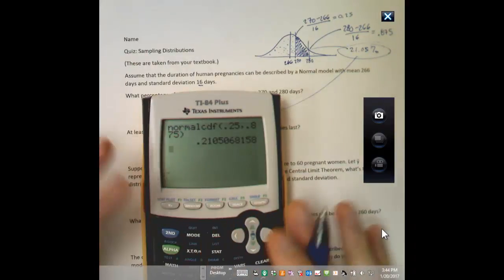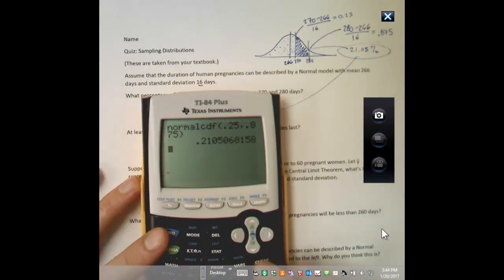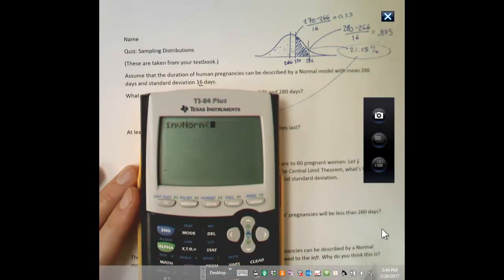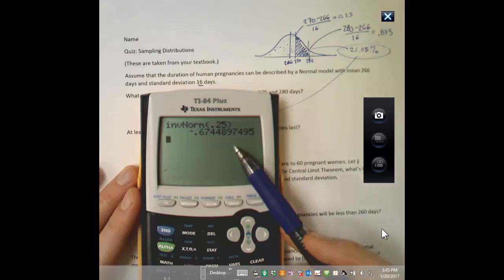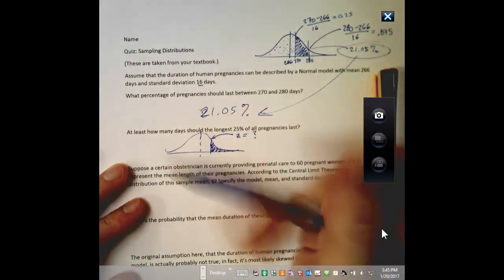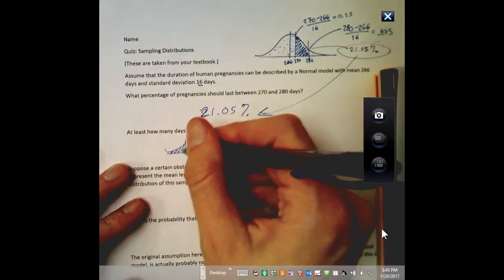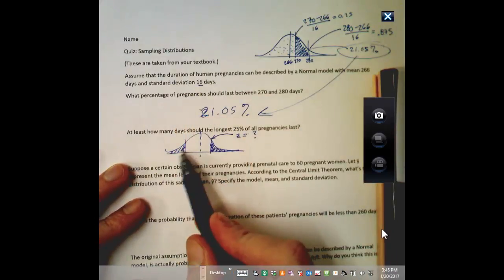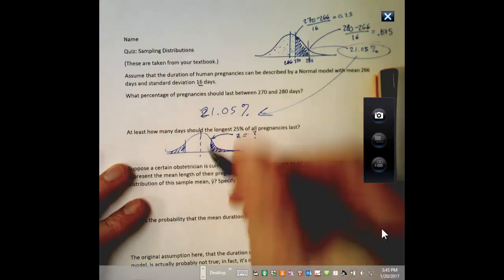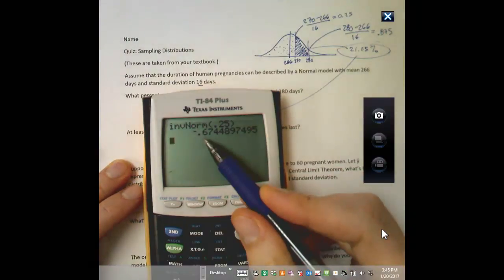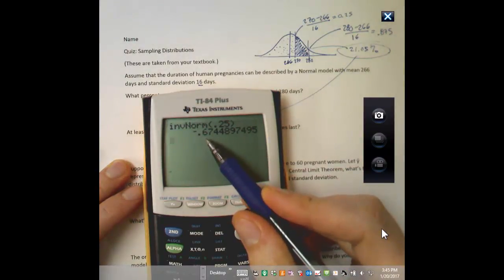Now we either go to the table and look it up, or you can go to distribution, inverse norm, and put in 25. Notice that gives you a negative z-score, because that's the left-hand 25%, right? I want the right-hand 25%, which means it's going to be positive 0.644.